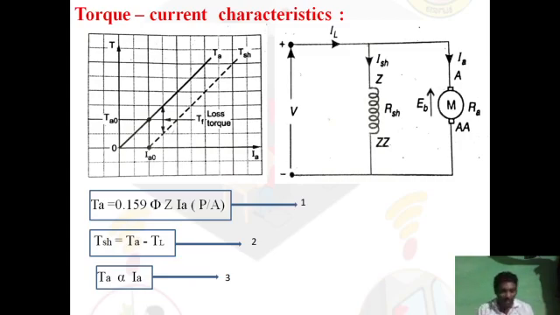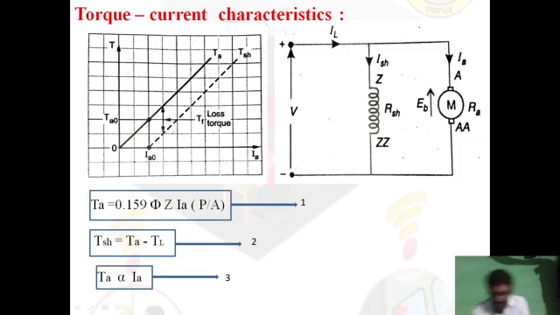So we have to discuss the torque armature current characteristics. If you plot a graph of torque, Ta, versus armature current, Ia, it represents the torque current characteristics.